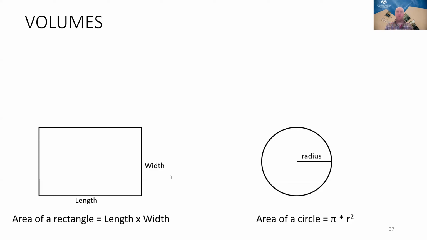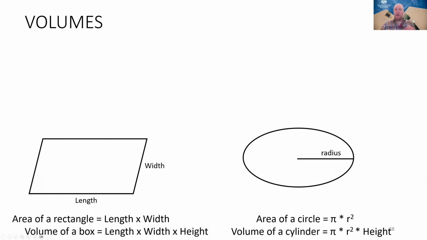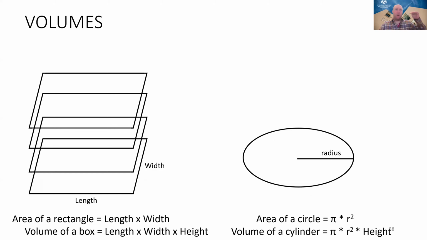Okay, so thinking about volumes and how we calculate those, we're really just going to start with the formula for the area of a rectangle and the area of a circle. So the only thing we do to turn these into volumes is we just make them three-dimensional. So here's our rectangle and our circle, and we're going to add the third dimension to them. With a rectangle, we're adding rectangle upon rectangle upon rectangle.